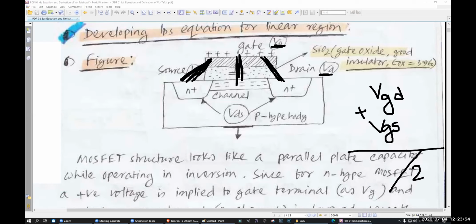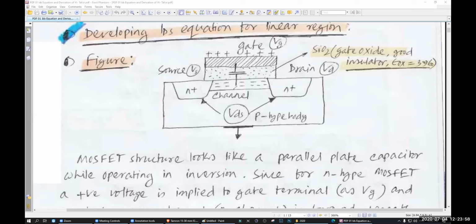So that is the average value. Understood? Who does not understand why we have done the averaging? We find these two, add them and divide by 2, so we get approximately VGC.